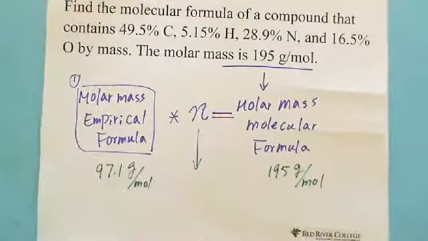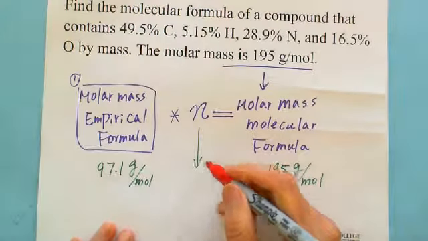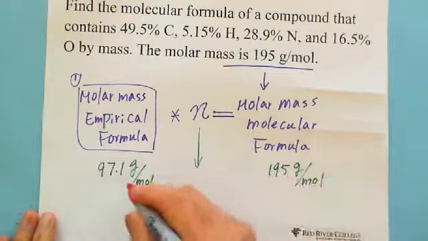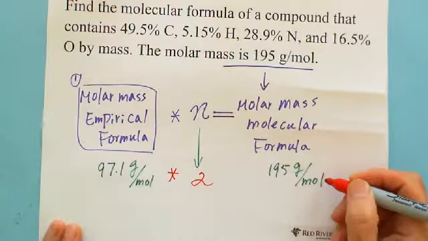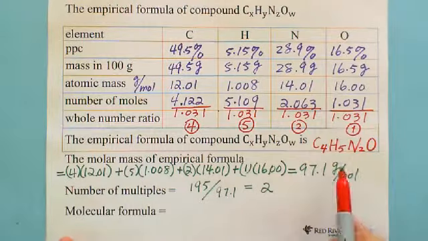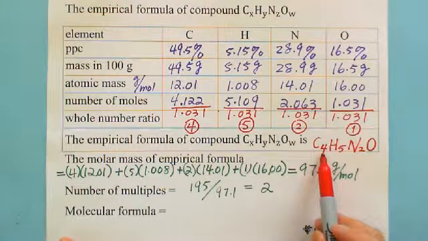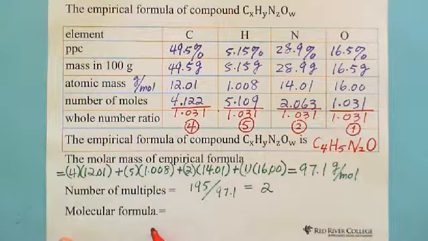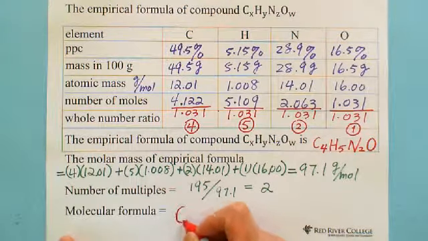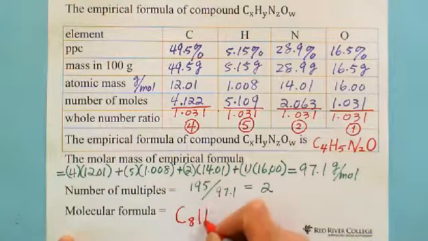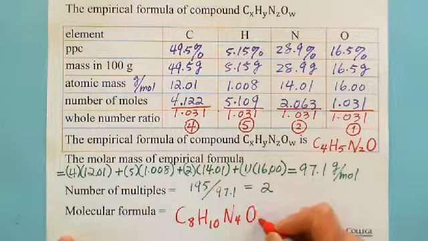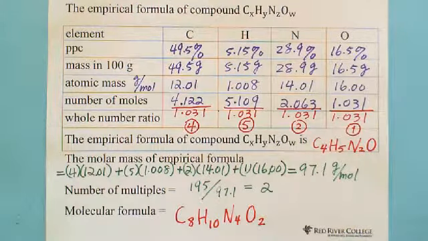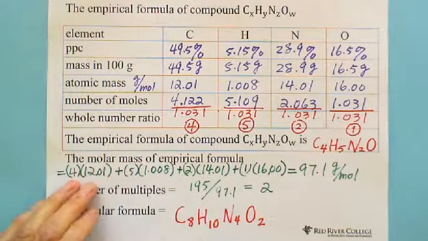So we find the number of multiples by dividing this number by that number. We get 2, so this multiplied by 2 equals this. That means for each ratio, we need to multiply by 2 to get the molecular formula, which is C8H10N4O2. So this is the molecular formula we're looking for.